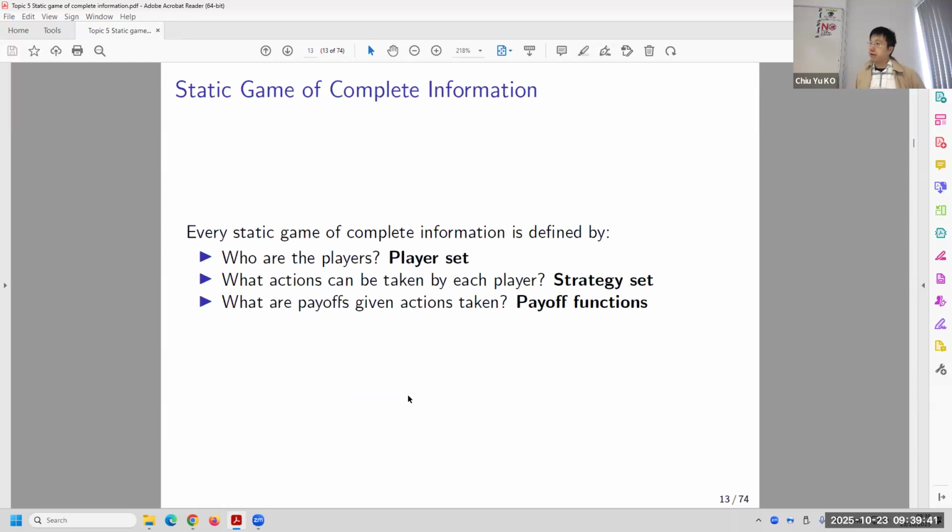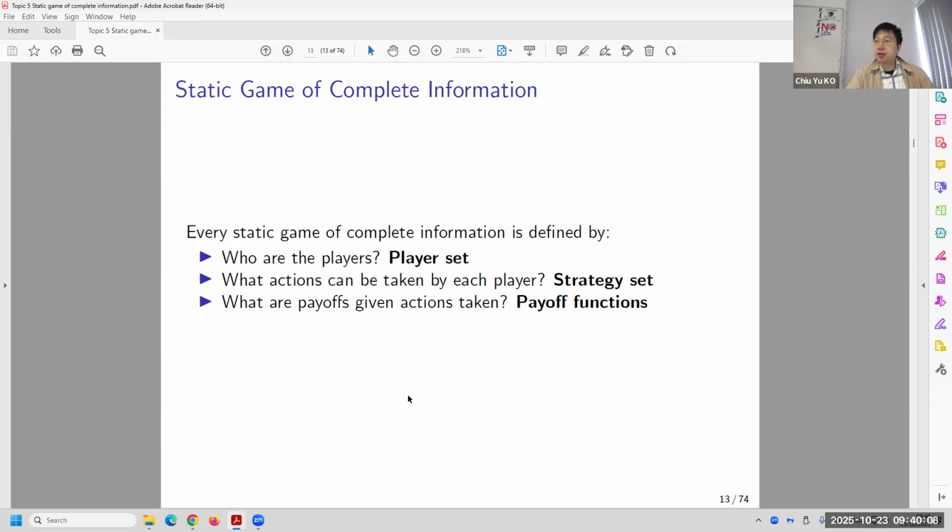Very importantly, because game theory was invented by mathematicians, everything is very mathematical. We have to be very precise in the definition of how players play, how a player can choose an action, and what the outcomes are.